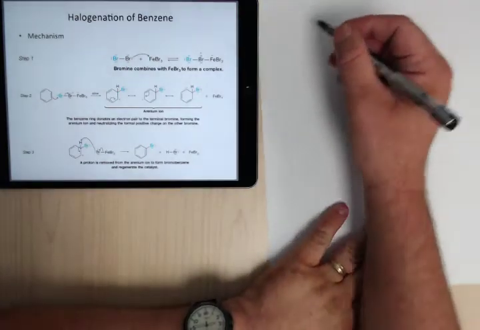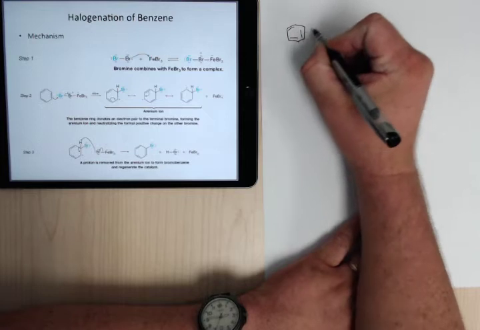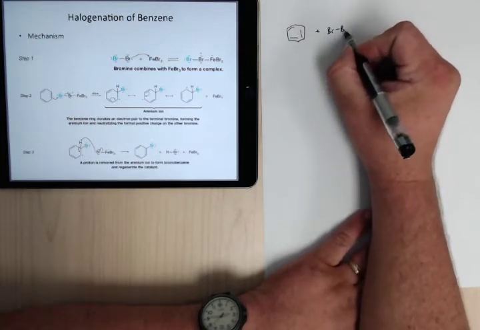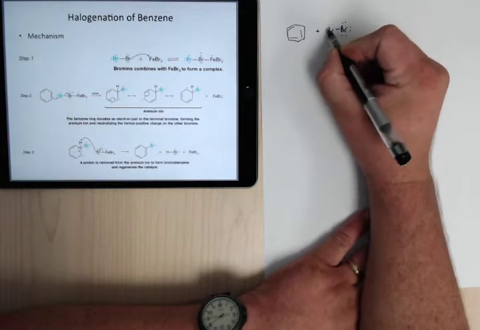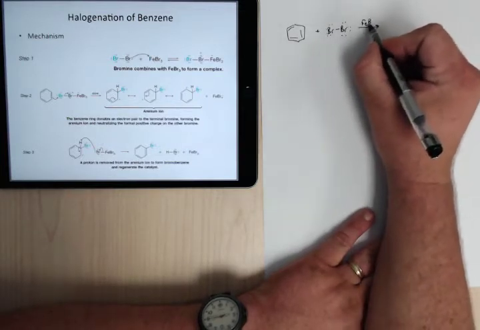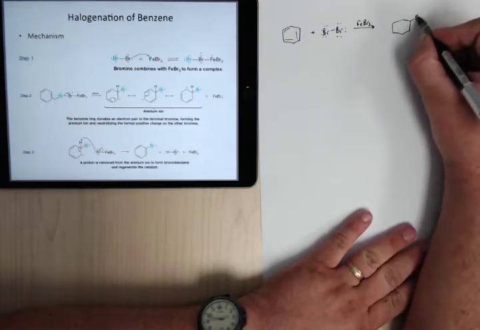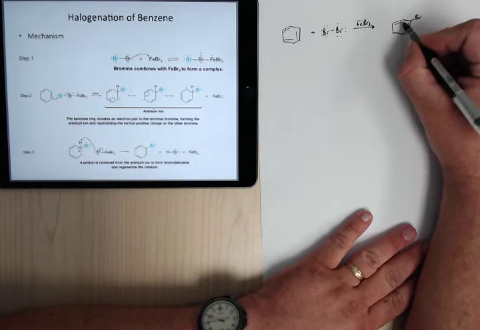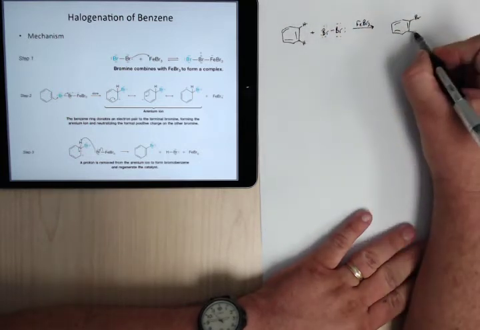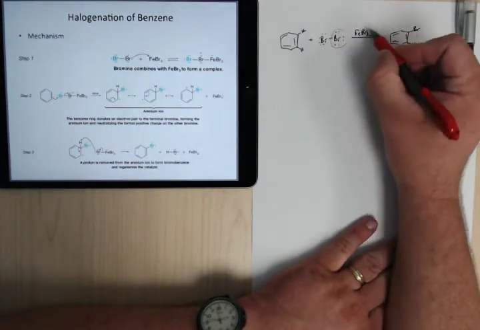So let's say you have your benzene, and you have bromine. The way that I usually like to visualize this: FeBr3, bromine, and I'm going to put the hydrogens here, just so you can see them. Step number one, this is a Lewis acid.